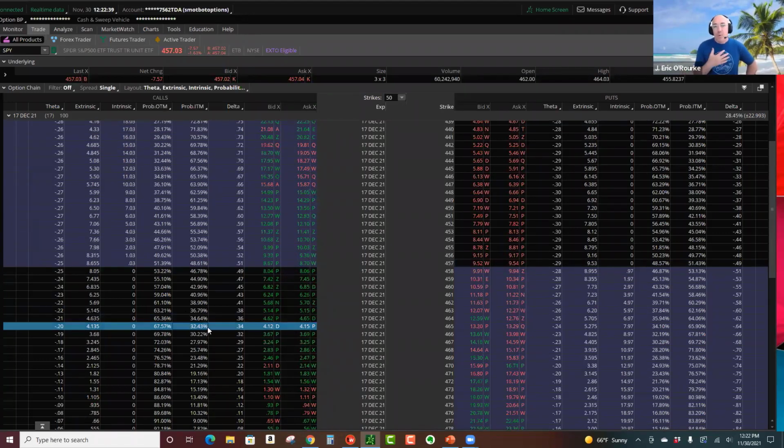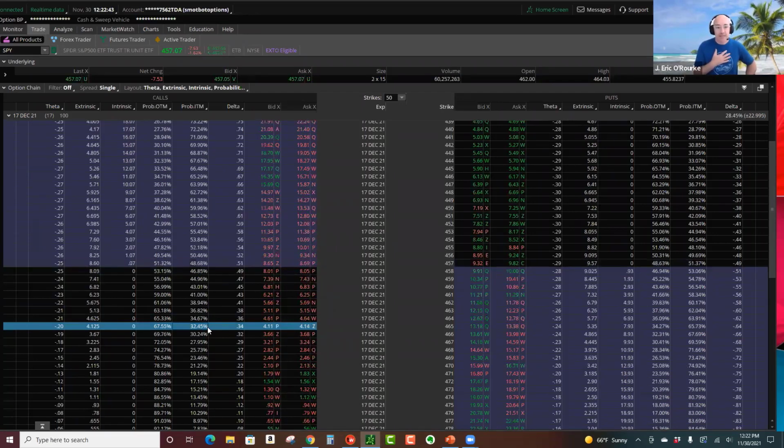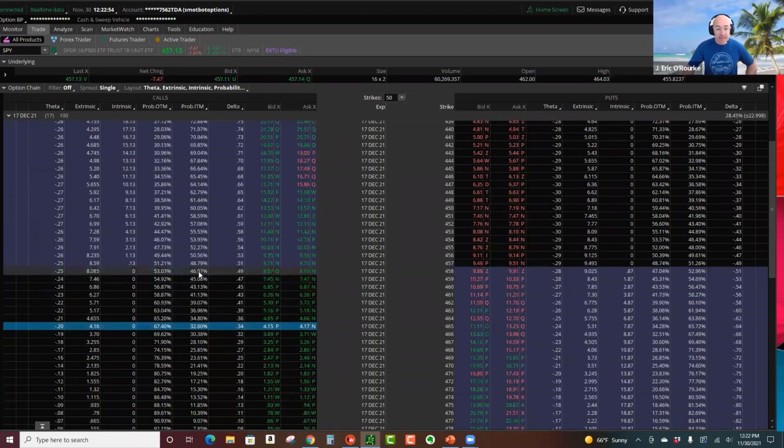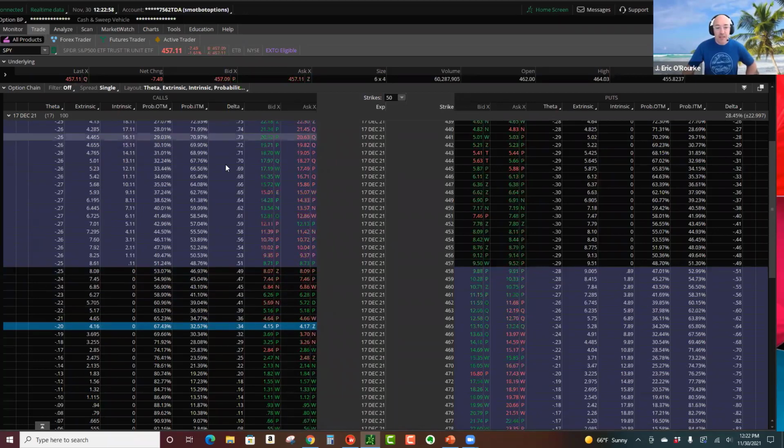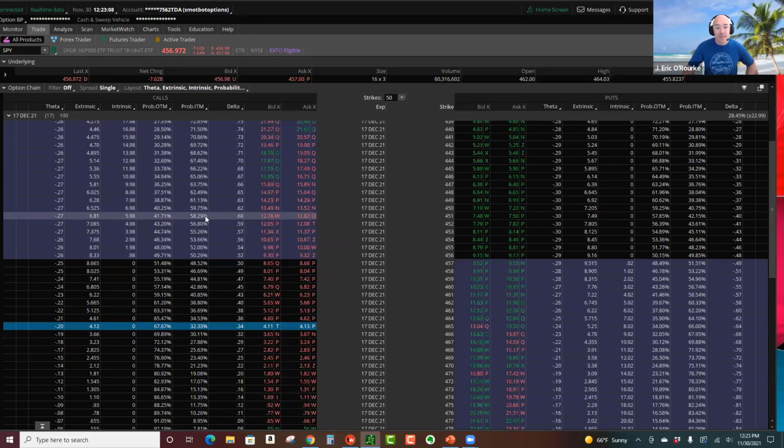So what I've done to make my life a little bit simpler, and I've talked about this on the podcast and various videos, is I tend to use delta as a proxy for probability of out of the money. It's not perfect, but if you look at delta and probability in the money, you can see that a delta 61 option, and calls have positive delta, has a probability of expiring in the money, according to Thinkorswim, of about 58%.